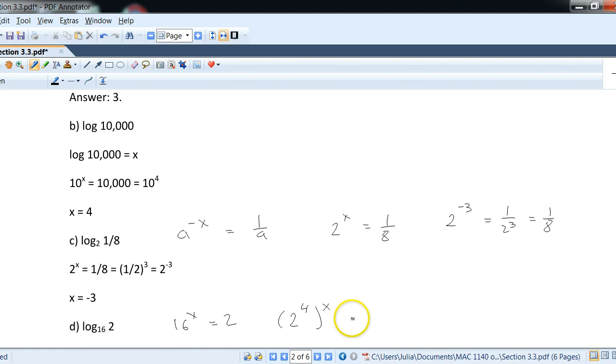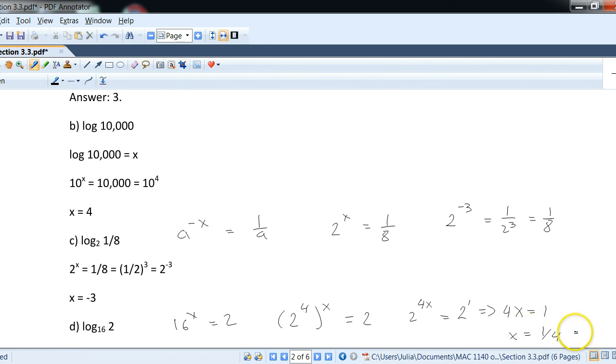So we know that 2 to the 4 is 16, which means that 2 to the 4x, if we know the property of exponents, we multiply them here, is equal to 2. That must mean that 4x is equal to 1, because the power of 2 here is 1. Well, that means x is 1/4.